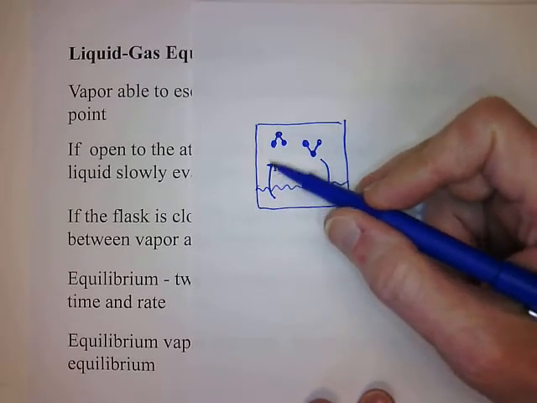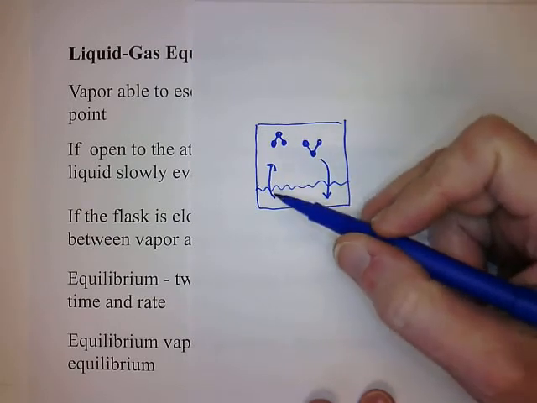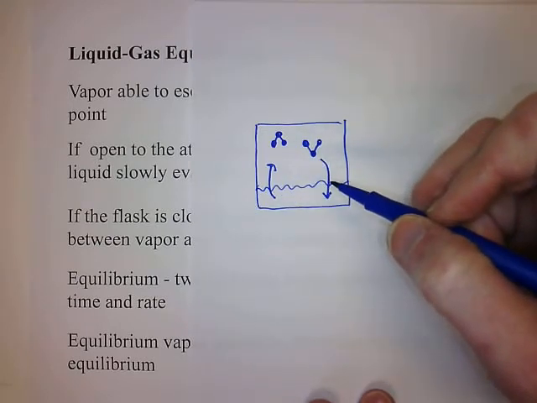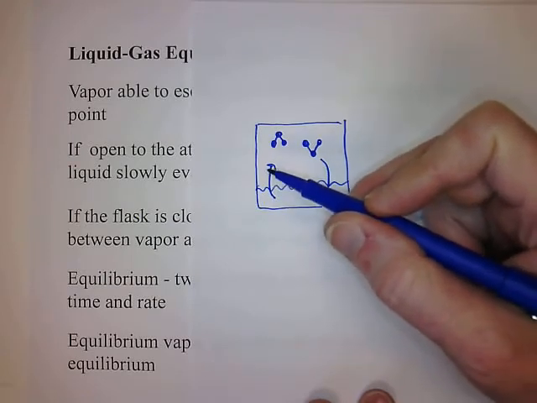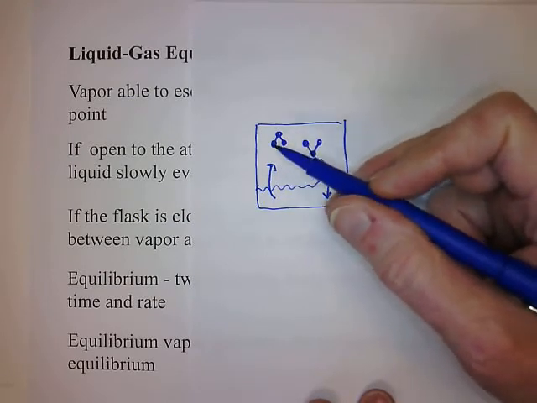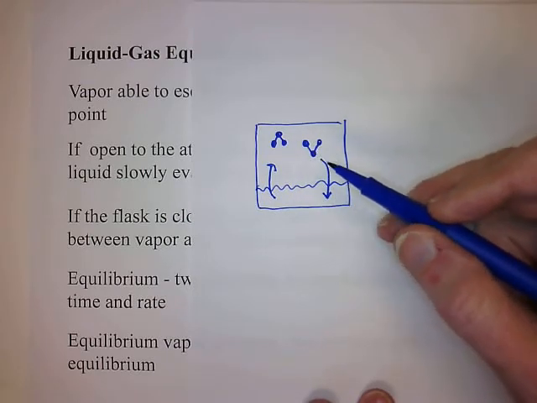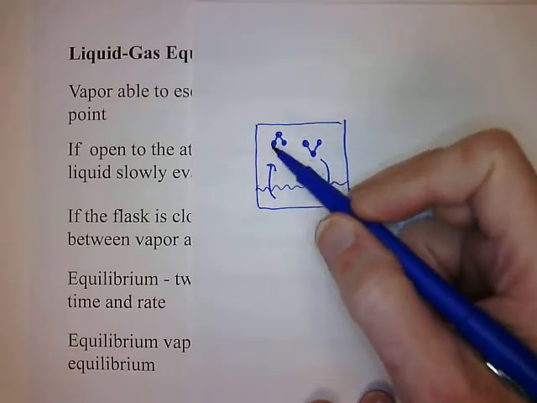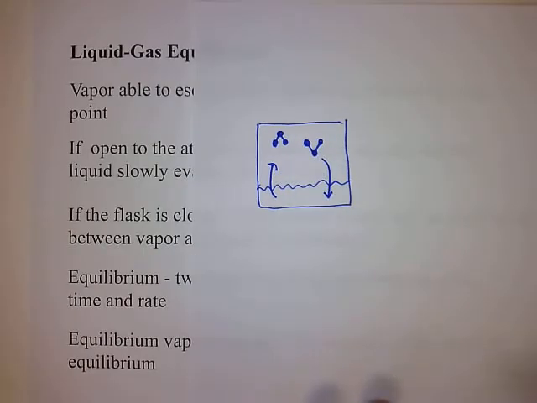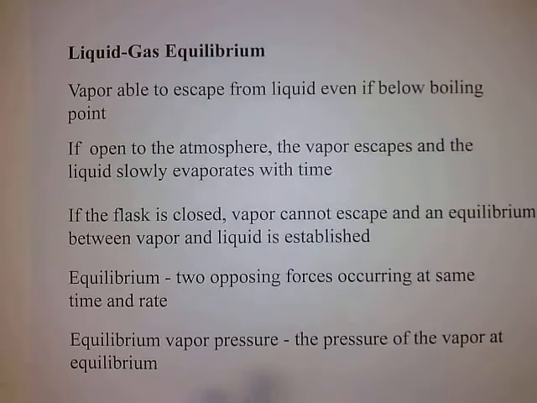It means these two processes are occurring at the same time. For every molecule of water that escapes from the liquid and goes into a gas, another molecule in the gaseous form condenses and goes back into the liquid. So the number of molecules in the gaseous state doesn't change.